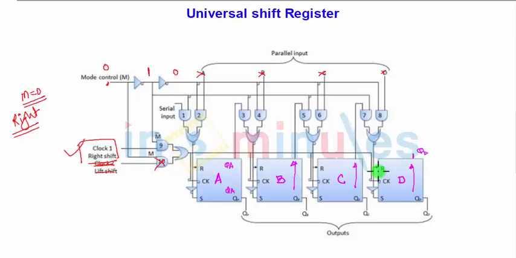Along with that, M bar, which is 1, is connected to the serial input, which is connected to AND A as well as M1, but at the same time AND 2 is connected to M0, so 2 will be cancelled, same as for 4, 6 and 8, and this automatically will not allow the parallel input to enter. Why? Because 2, 4, 6, 8 are the AND gates which are connected for the parallel loading of the data.